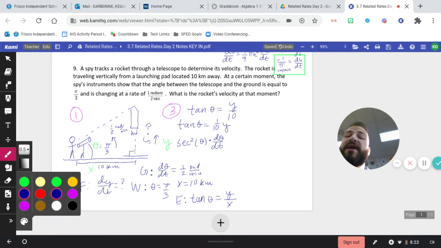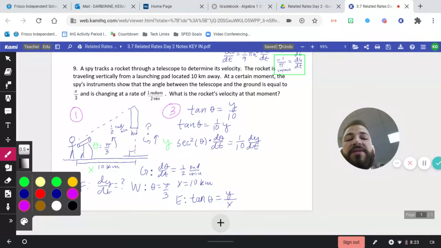Remember, all of our trigs are technically chain rules, so when I derive the inside of my trig function, I multiply by the derivative of the inside, d theta/dt. That equals 1/10 stays 1/10, and y just becomes dy/dt. See how we don't actually have any of our sides in our problem now? That's why I said we can hold off on needing y, because we don't necessarily need y.